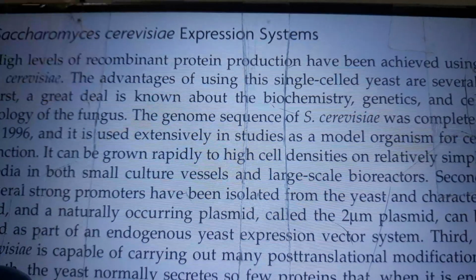Saccharomyces cerevisiae expression systems. High levels of recombinant protein production have been achieved using S. cerevisiae. The advantages of using the single-cell yeast are several. First, a great deal is known about the biochemistry, genetics, and cell biology of the fungus.